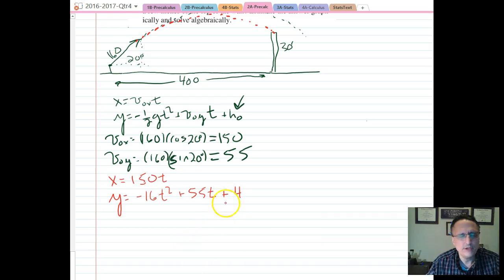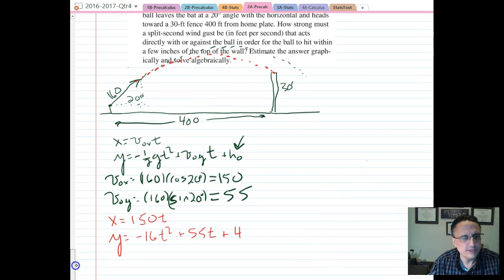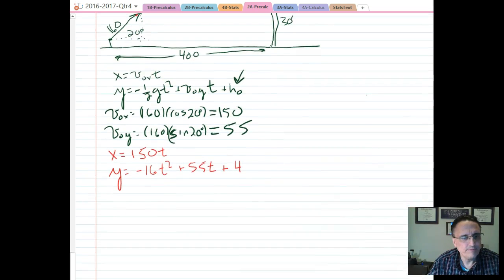And those are the two equations that represent the motion. What we want to do is find out where the ball is going to go with these two equations. Is it going to go over the fence or is it going to hit below the top of the fence? So that's the first thing that we have to try to figure out.